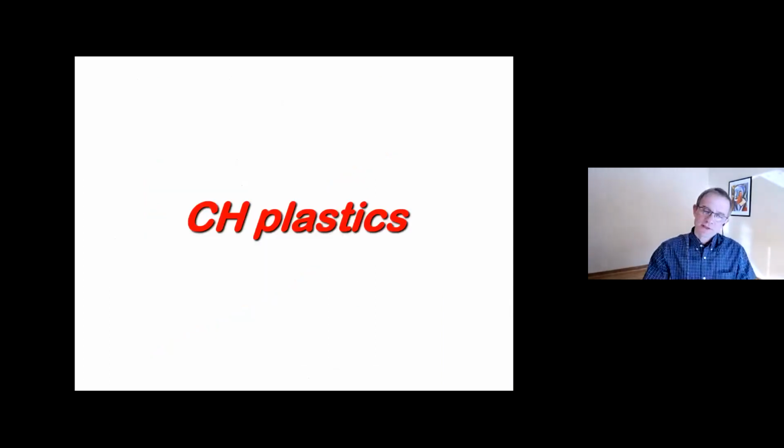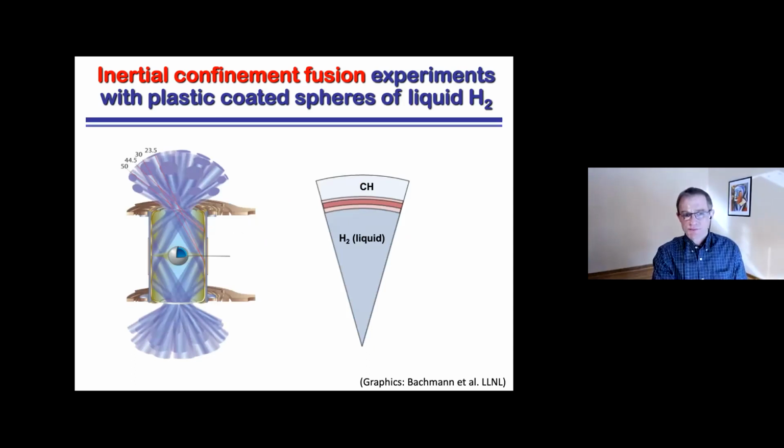So taking the same technology and now switching back to CH plastic, where we actually have experiments that reach the regime of K-shell ionization. CH is important because it is a coating material for hydrogen or ultimately deuterium-tritium mixtures that are the basis of fusion experiments.